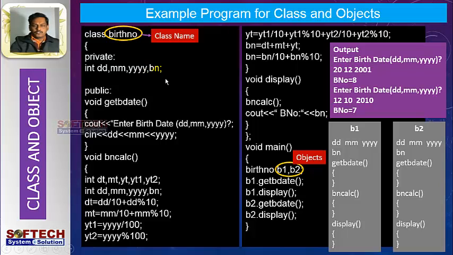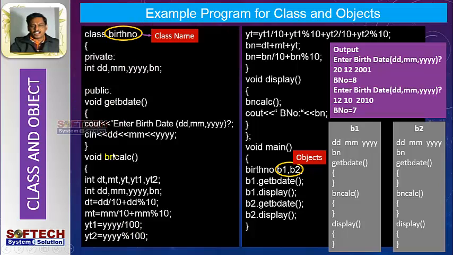Usually, to protect the data members, to protect the program, data members are declared under the private data access modifier. We can access data members in the private section within this class only.